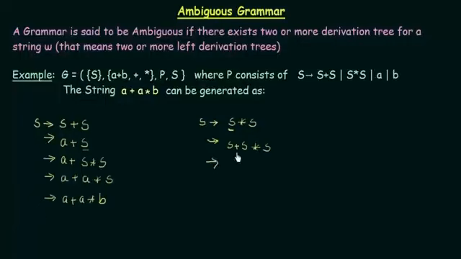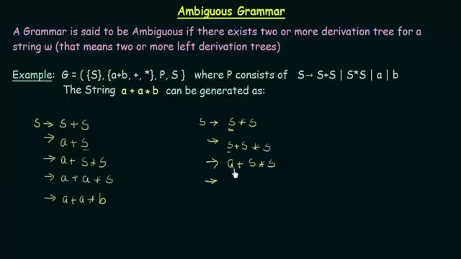Now why am I doing this? This is because I want to get this string, and there is a plus symbol in between and we also have the into. So if I do this, I can get the plus symbol. Now I have S plus S into S. This first S I will replace with a because S can give a. So a plus, and the S into S I write as they are.